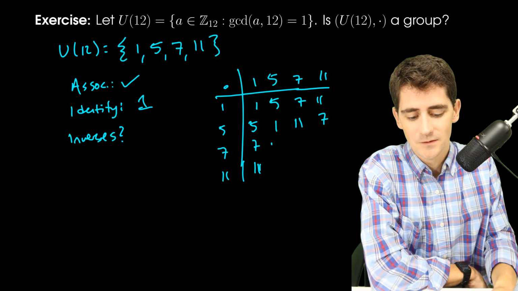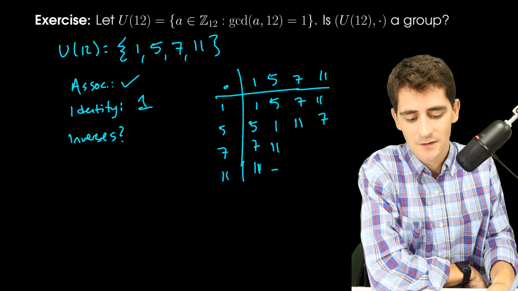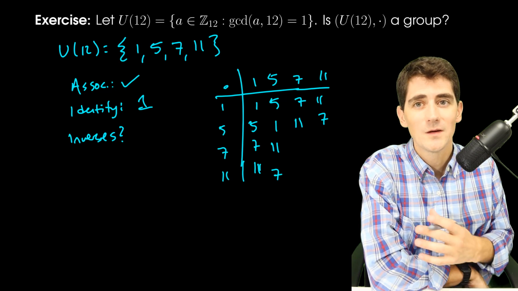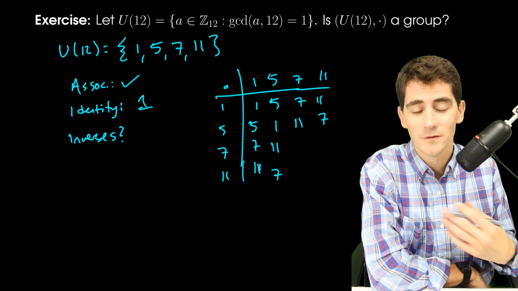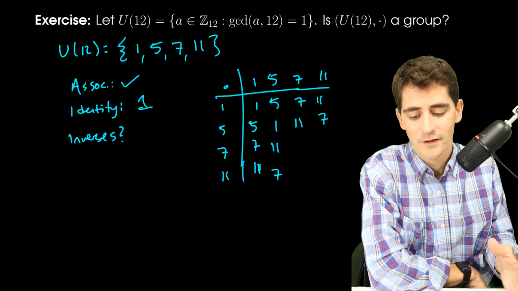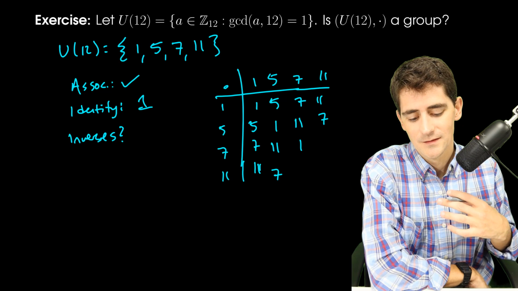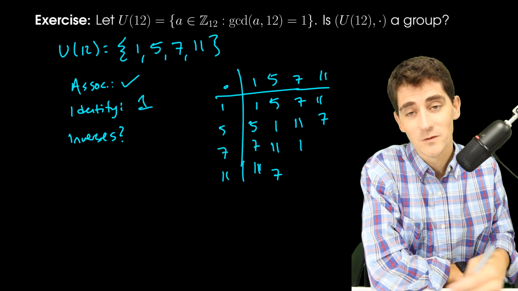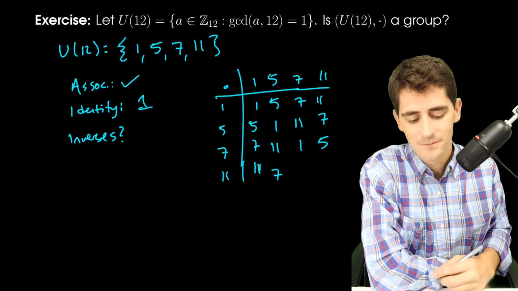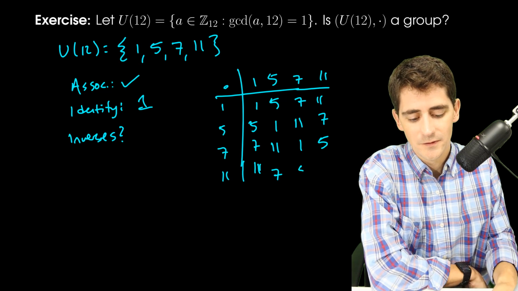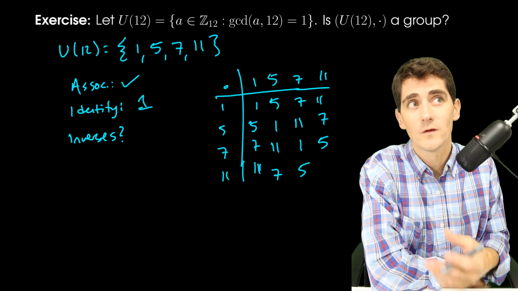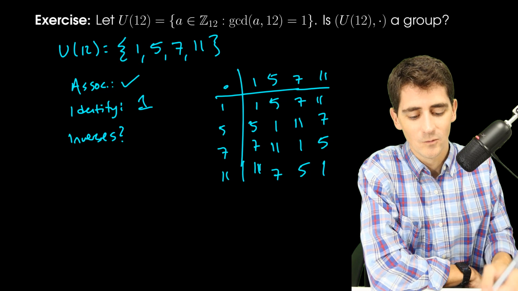Okay, 7 times 5 would be 11. 11 times 5 is 7 again. 7 times 7 is 49. Just subtract multiples of 12 to get something between 0 and 12. 49 is 1 mod 12. 7 times 11 is 77. Subtracting out multiples of 12, we end up with 5. And 11 times 11 is 121, which is 1 mod 12.